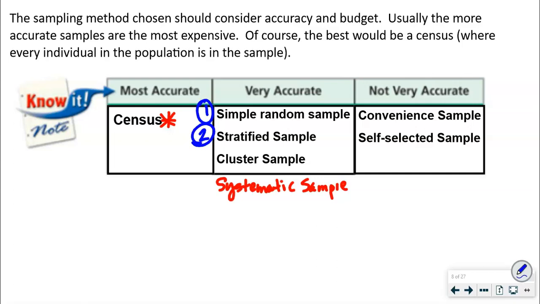So honestly, these two right here, I might actually put systematic above cluster, okay? So I might say that this one is 3 and this one is 4, because if you remember, cluster is a group of people, whereas systematic is just every so many people, okay? Convenience sample would definitely be 5, and self-selected is always the worst, okay? So if they are selecting to participate in the survey themselves, then that is always the worst kind, okay?